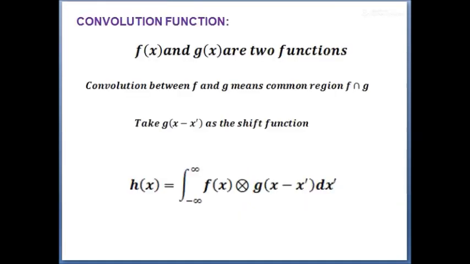And just talking about the convolution function, if you consider that f(x) and g(x) are two functions of x, then convolution of f and g means the region of intersection of f and g, the area of that portion only. If we take g as a shifting function, that is x minus x prime, and take the convolution of h(x) with x minus x prime dx, we are taking the common region of f and g.